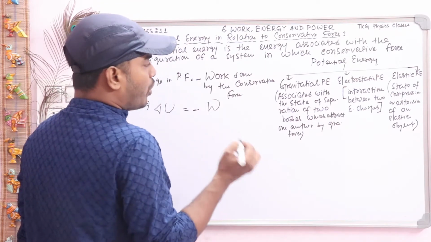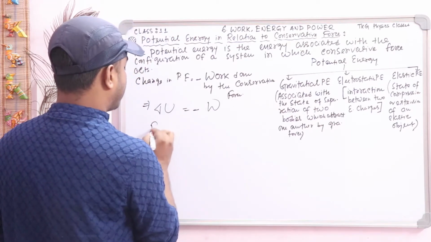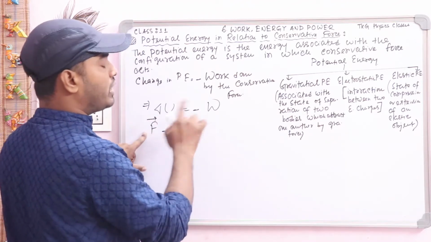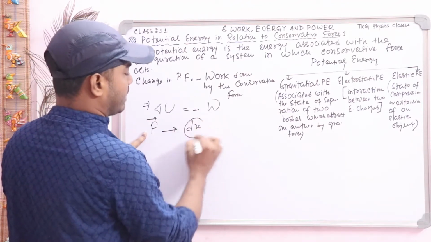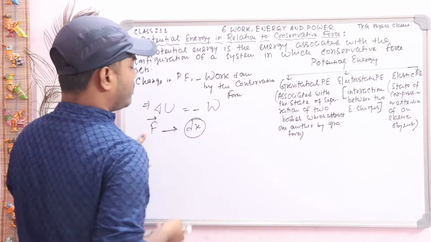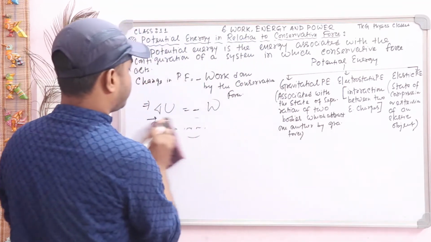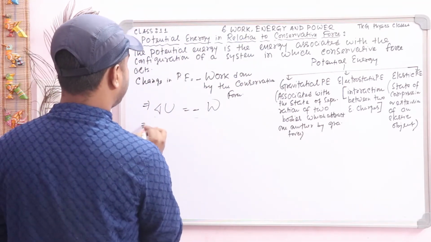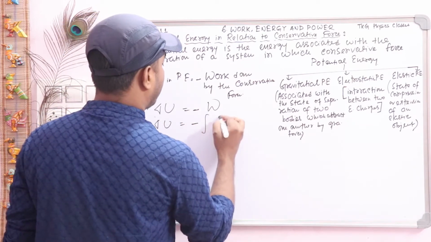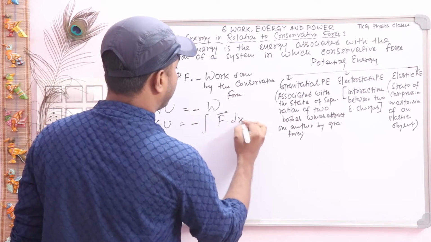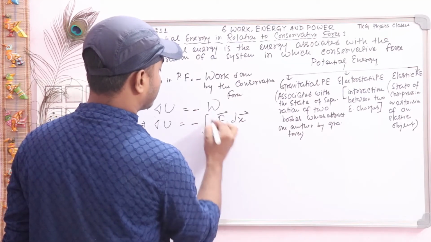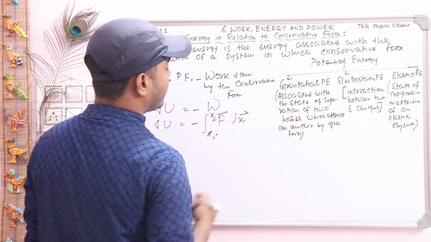Suppose a force F is applied on a body, and the body is displaced through a displacement dx. You know the meaning of work done, force into displacement. So you can write del U is equal to minus integration of F dot dx, where the lower limit is suppose xi, and the final limit is xf.